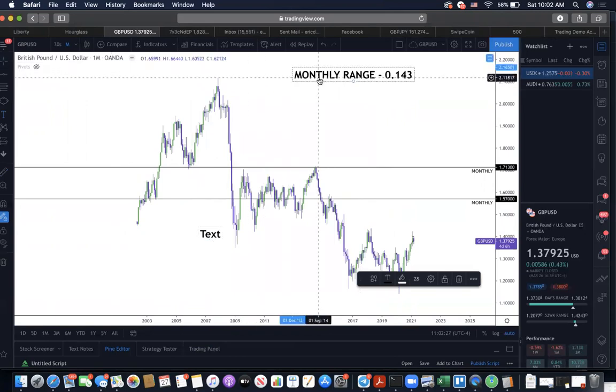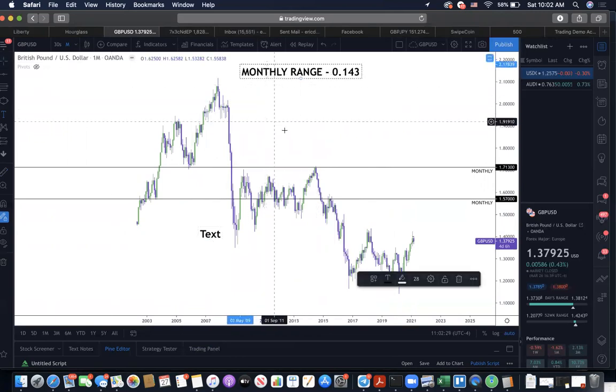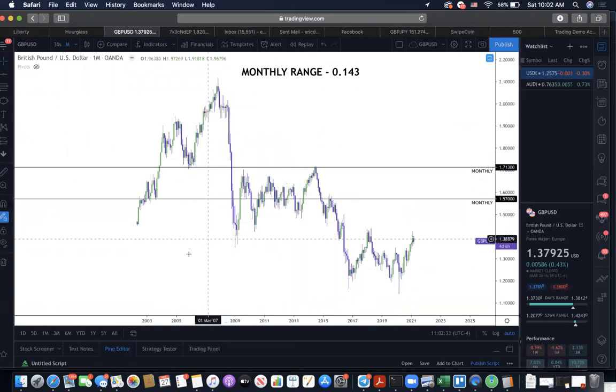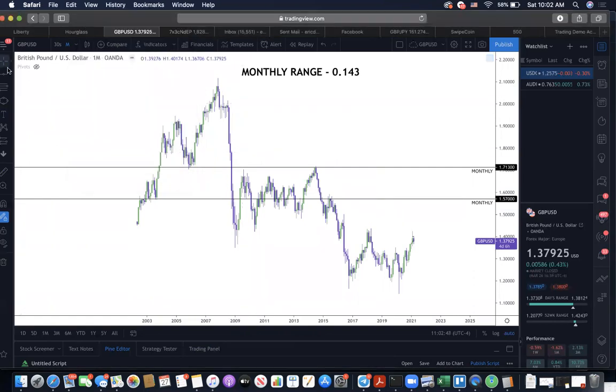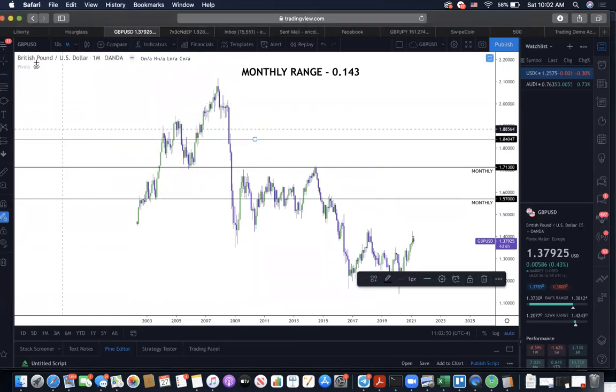Basically, to find my next levels, all I'm going to be doing is adding and subtracting 0.143. For example, right here, 1.713 would be the next one that I add, giving 1.856. So my next area will be right there.